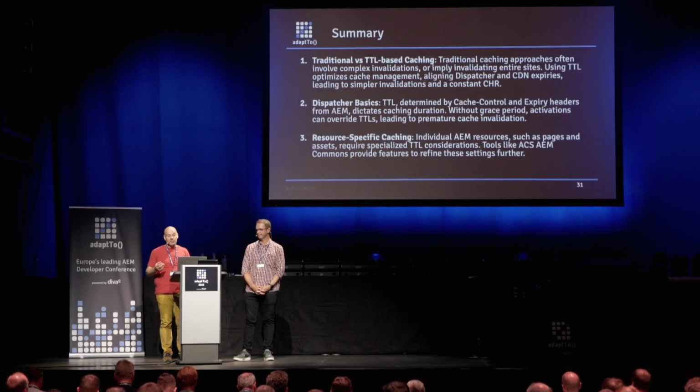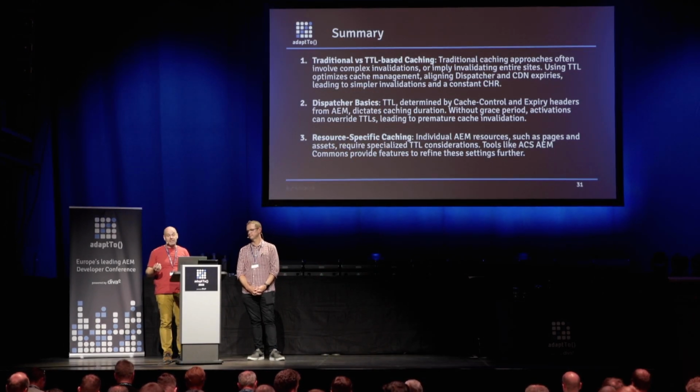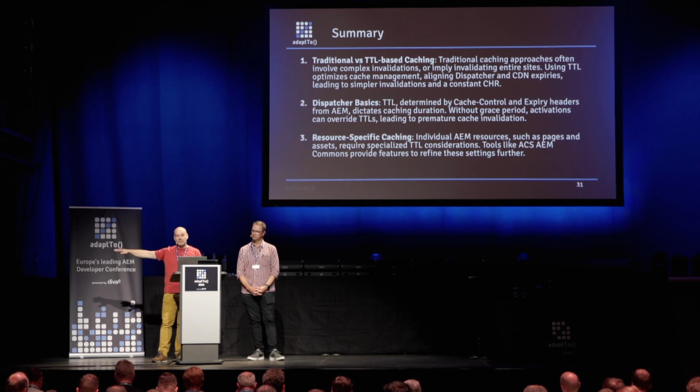So, in summary, I think you can say the traditional approach means you invalidate broadly or in a complex way, and enabling TTL simplifies this a lot. It aligns with how CDNs work, and it gives you a cache hit ratio that doesn't dip when you get a lot of activations. It smoothes out the cache hit ratio.